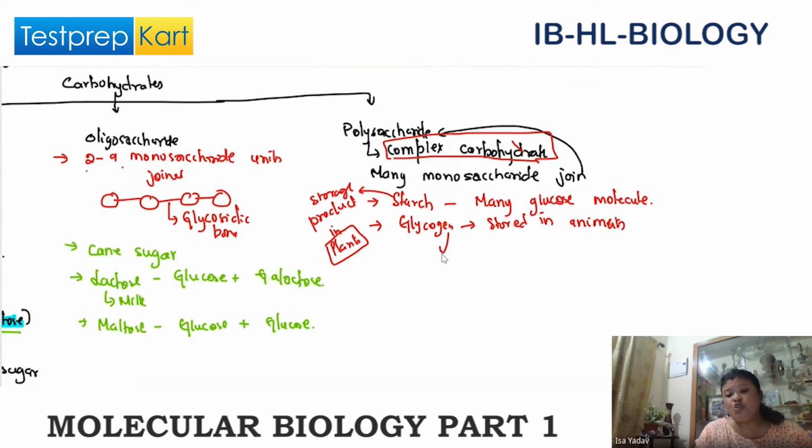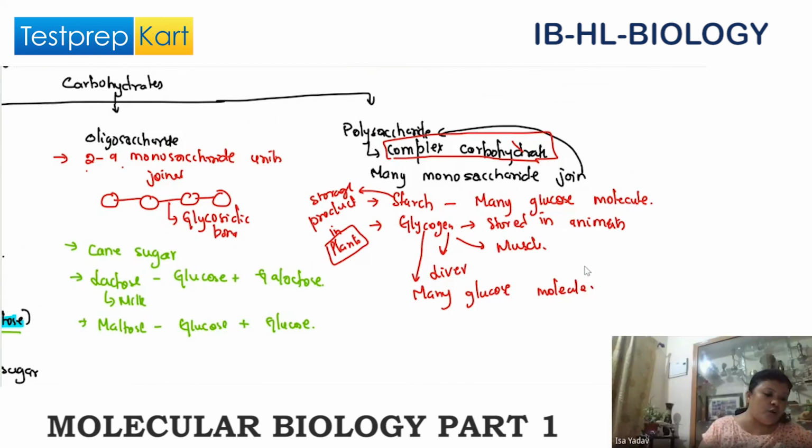We store glycogen in our liver and also in the muscle. Glycogen is made up of, again, many glucose molecules. Clear?